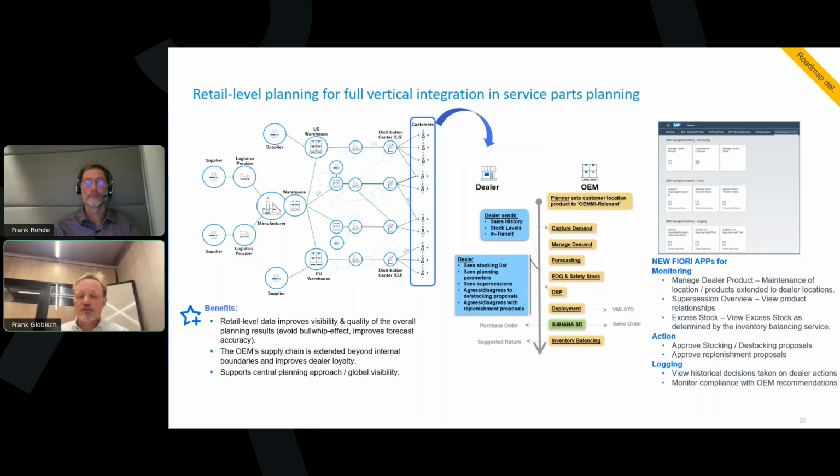And last but not least, as dealing with an external partner, there is also an emphasis on logging and evaluating what has been happening in the past, so that you can always see historical decisions and how it came to that decision.